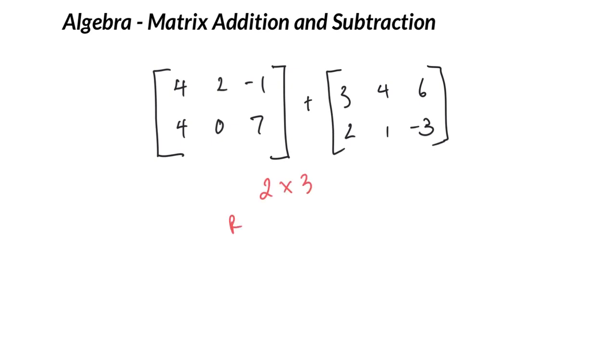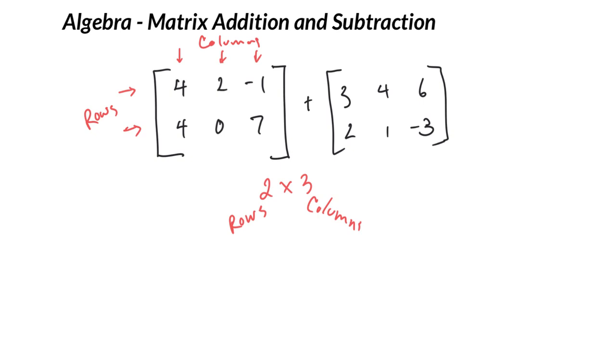The first number is the number of rows. Okay, so rows. And the second number is the number of columns. So columns. And in order to add or subtract matrices, they have to have the same dimensions. Both of these are 2 by 3.